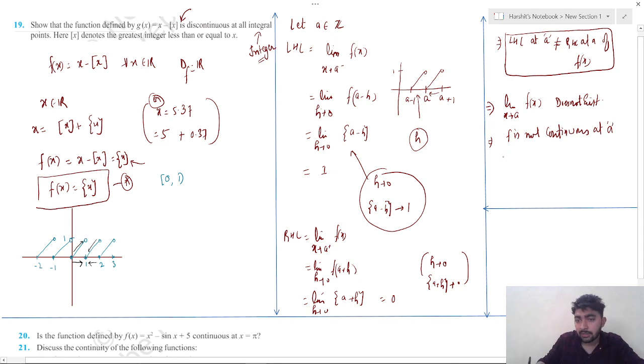F is not continuous at a, and as a is any arbitrary integer, it implies for all a belongs to Z, f of x is discontinuous.